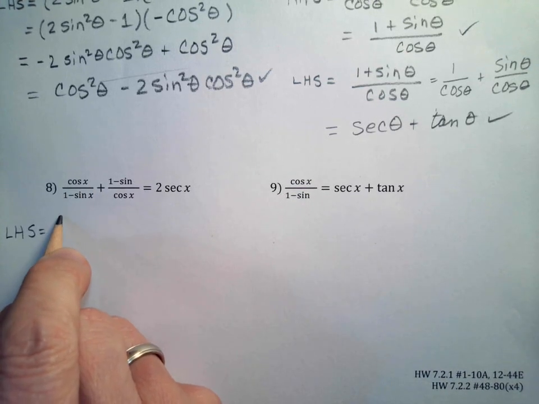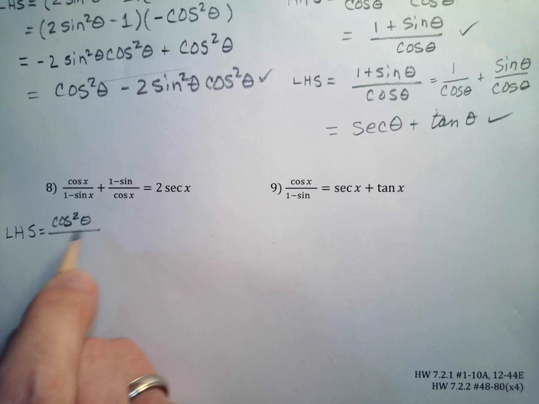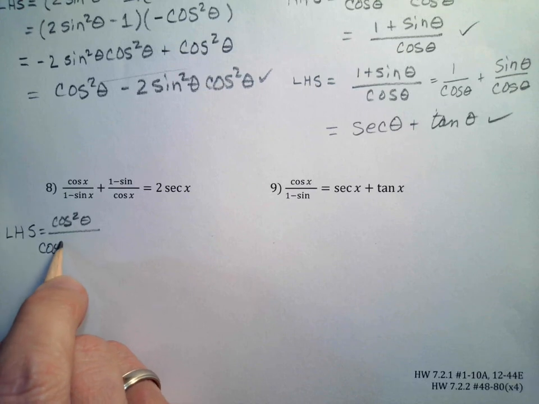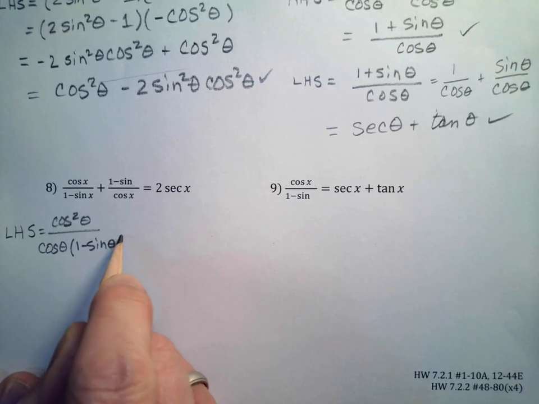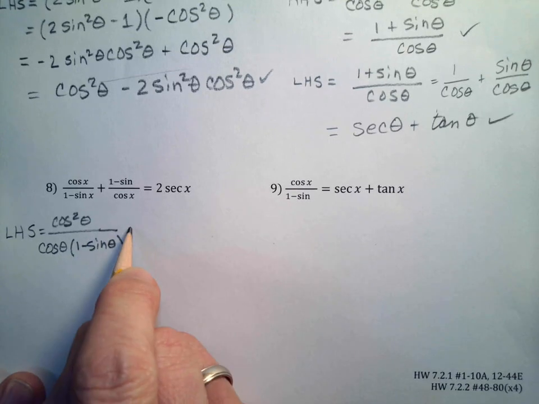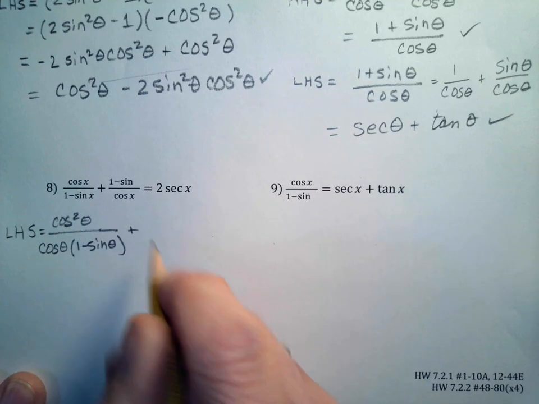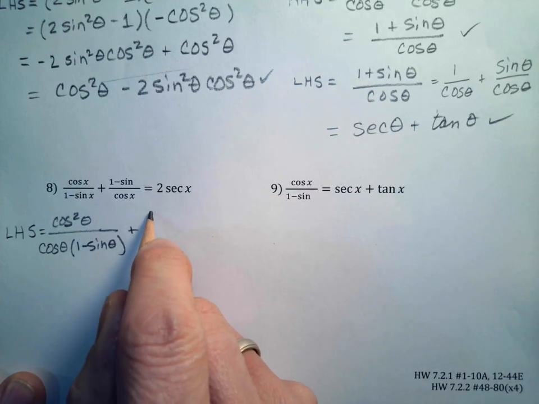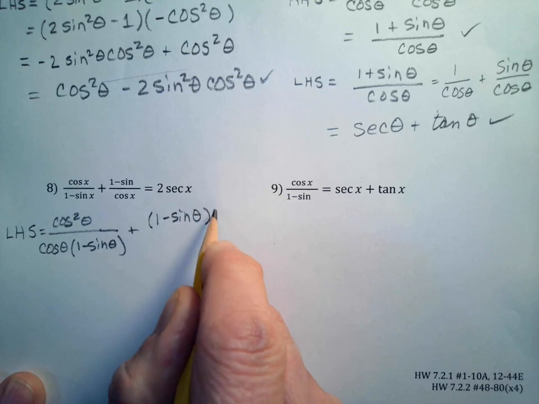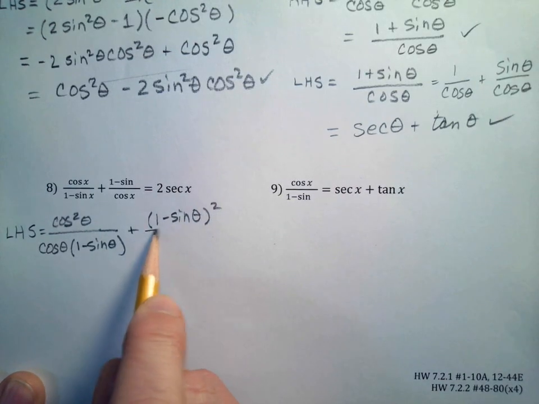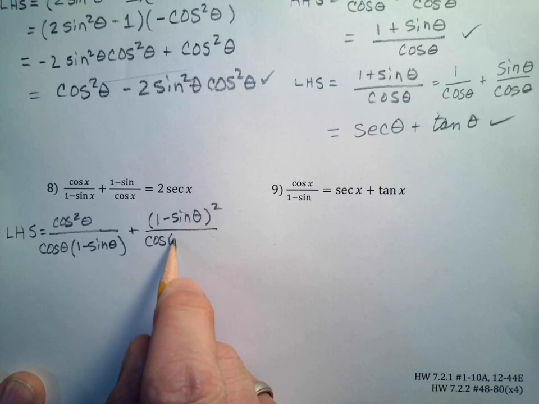So we get, I'm going to do cosine squared theta over cosine theta times 1 minus sine theta. And then this will multiply top and bottom by 1 minus sine. So that gives us 1 minus sine theta quantity squared over the cosine theta.